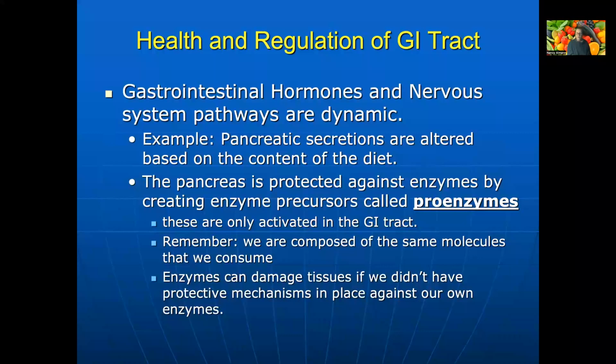Once they hit the GI tract, they're activated. And you've got to remember, we are composed of the exact same molecules and macromolecules that we consume. And the enzymes can actually damage the tissues quite intensely if you don't have any sort of mechanism to protect it against our own enzymes.